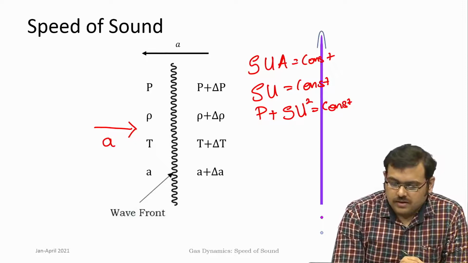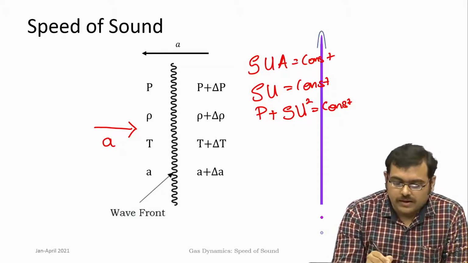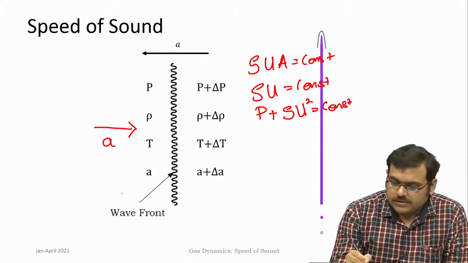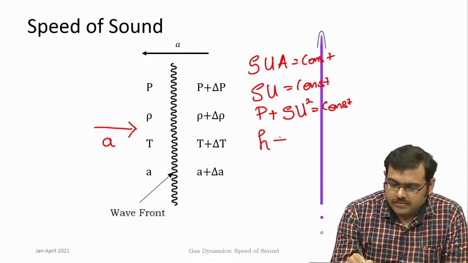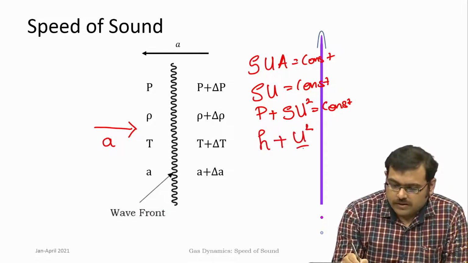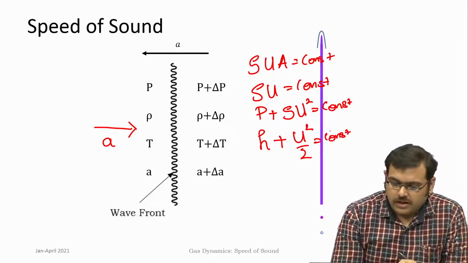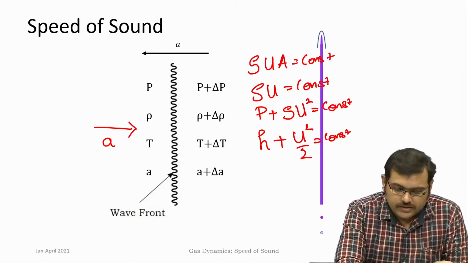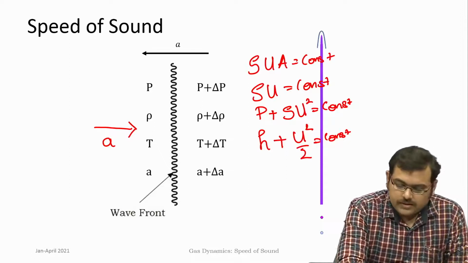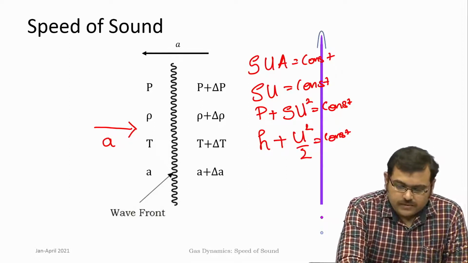There is no heat addition or work done in these processes, so you get h plus u square by 2 is constant, that is conservation of energy. Using these three principles, let us look at how we can get to the speed of sound.